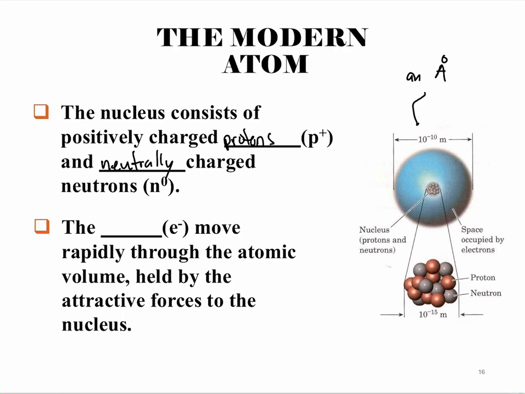And so this highly charged, positively charged nucleus, very, very dense, is surrounded by the electrons that move rapidly throughout the majority of the volume of the atom, right?